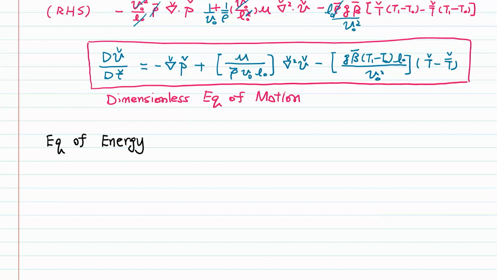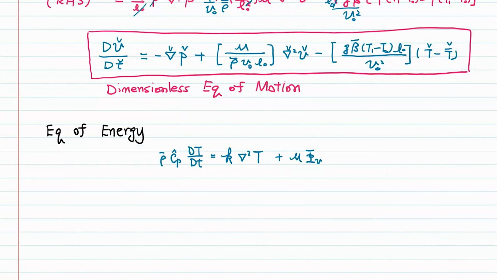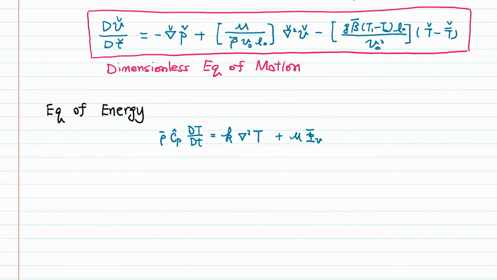On the left-hand side, remember that we have rho Cp DT/Dt equals thermal conductivity times the Laplacian of temperature plus mu and the shear stress tensor. So again, let's take a look at how to make this into dimensionless form.